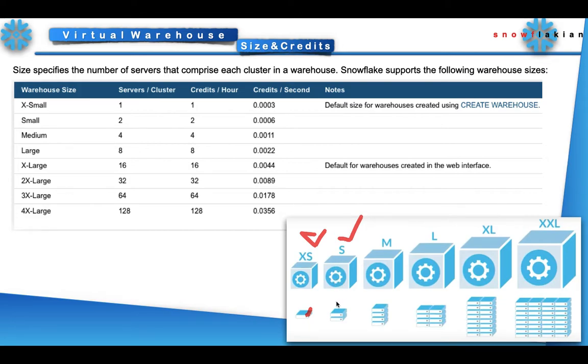Because the small virtual warehouse has two servers, the two servers are capable of doing your work. That's the reason your query performance will increase when you jump to the next virtual warehouse, because the compute resources will be more compared to the lower virtual warehouse.